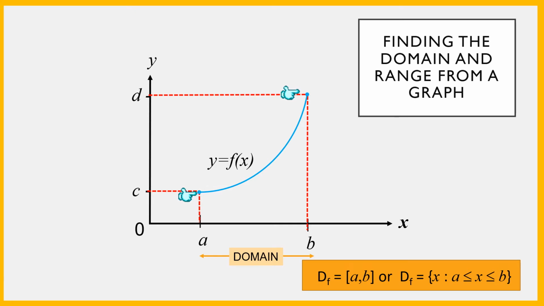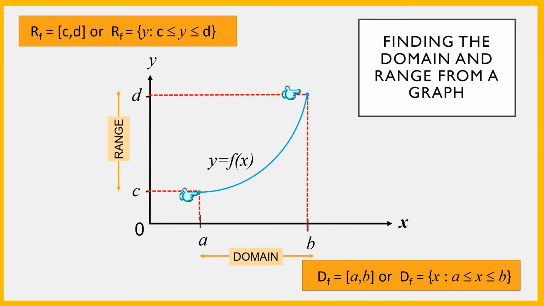And the range of f is the values of y that range from c to d and can be written in interval form with square brackets indicating that c and d are inclusive, or in set form as y is between c and d, where c and d are inclusive.